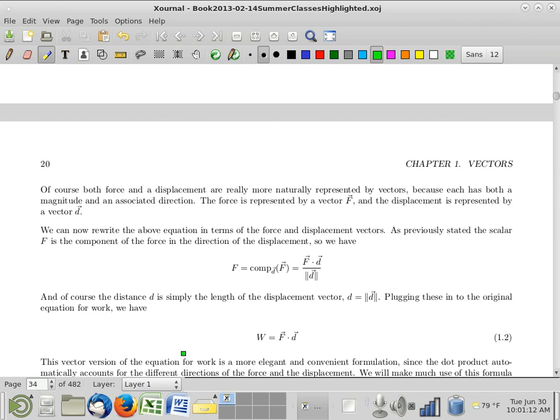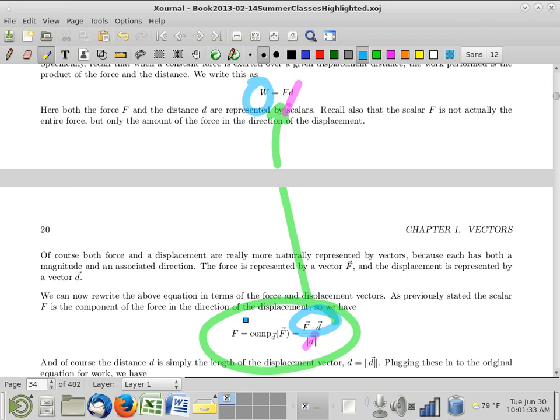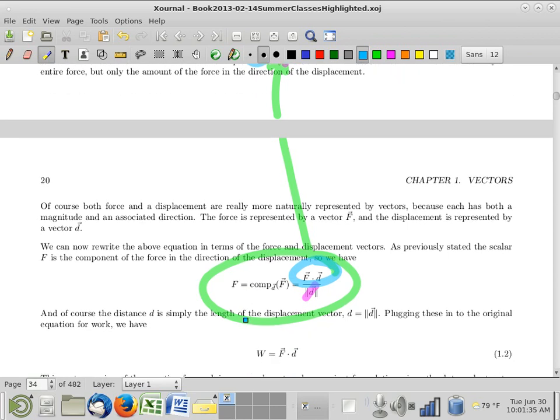So if I take this formula for F, plug it into there, that distance is the magnitude of the displacement vector. That cancels, and what you're left with is that work is force dot displacement. Everybody see how that argument works?